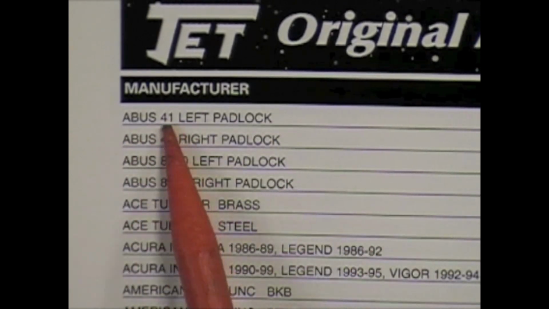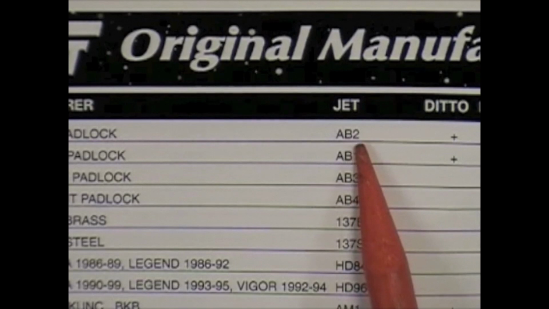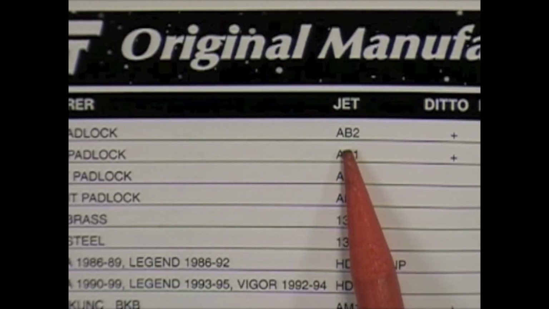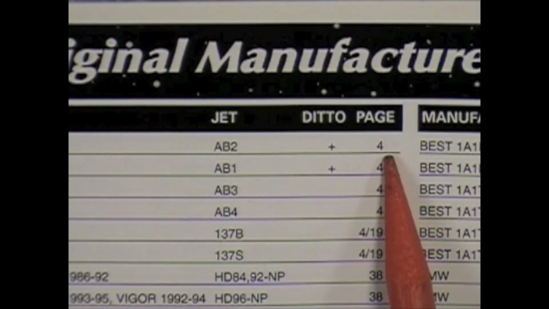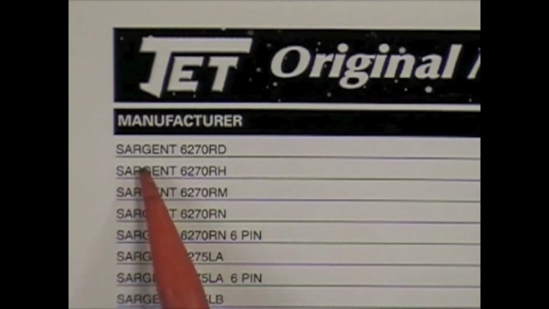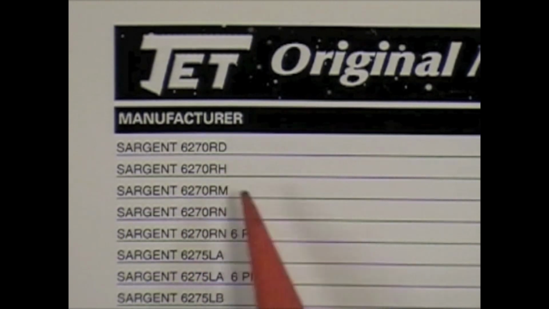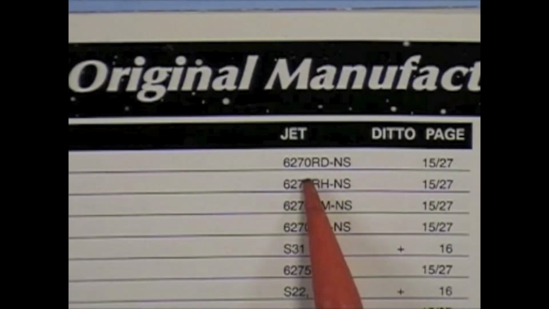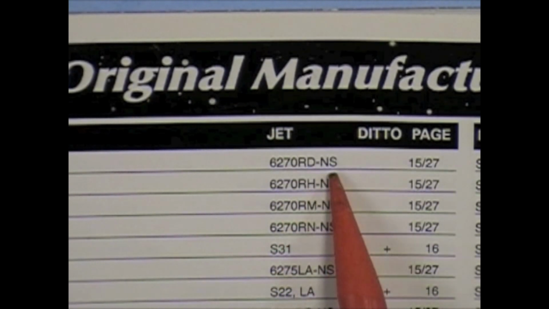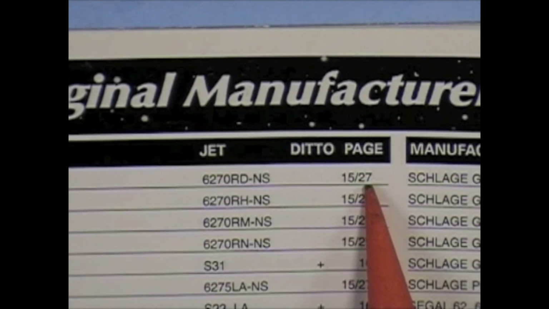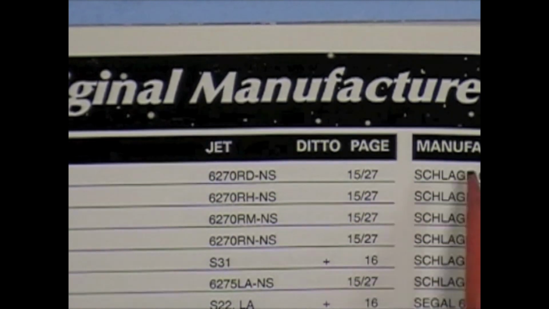This first one is for Abus, 41 left padlock. The JET number would be AB2, and you would find it on page 4 of this catalog. Here is a Sargent number, 6270RD, converts to the JET number 6270RD-NS, and it's on 2 pages. You'll find it on both page 15 and page 27 in this catalog.